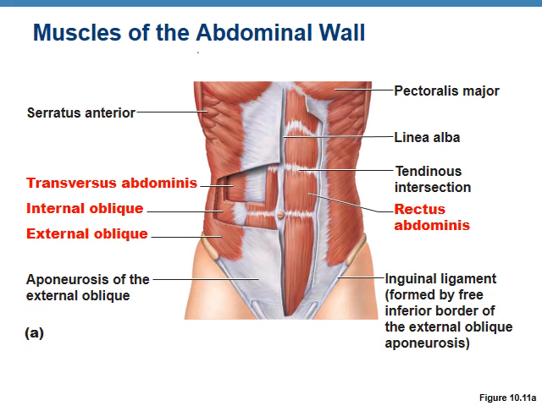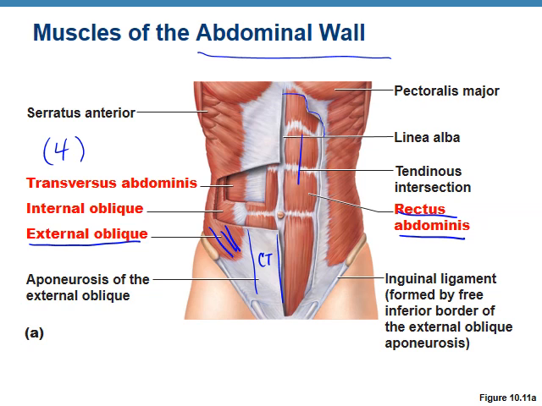Now we have to talk about the abdominal wall muscles, and there are 4. The best way to look at these is to think in layers. So here are the external obliques. They're on the outside, and you're going to have this sheet of connective tissue. They cut away the sheet so that you could see the rectus abdominis. So again, the rectus abdominis, this is your 8-pack or 6-pack abs.